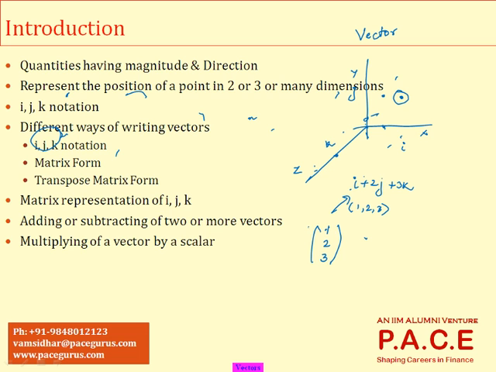Or so generally it is written in the form of a single column, 1, 2, 3. Sometimes for some other calculation requirement, people write it as a transposed matrix. So it is written in the horizontal row form, but with a transpose symbol at the top, which is the same as this in the matrix notation.